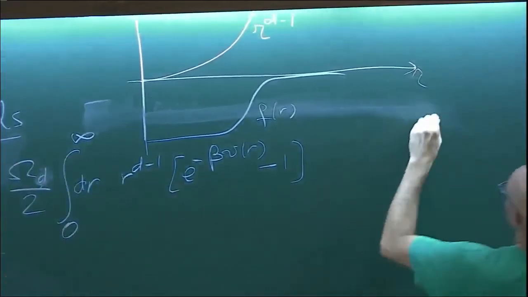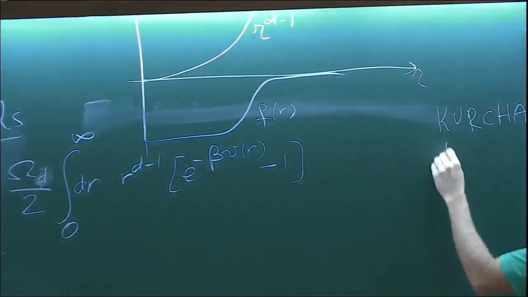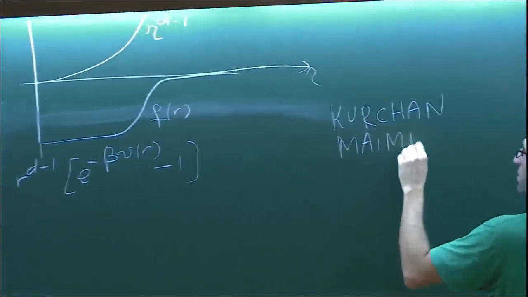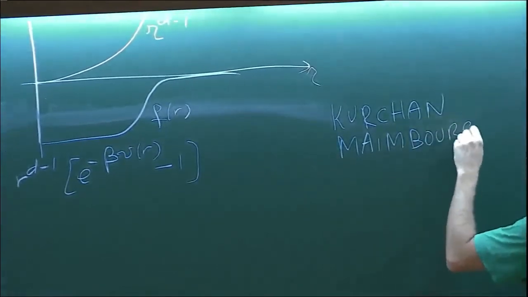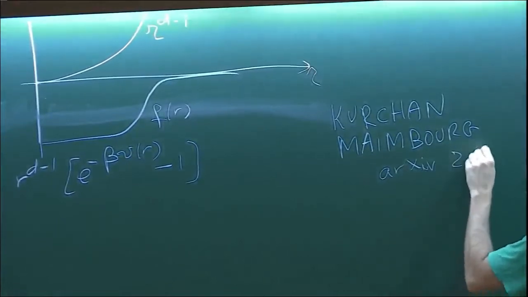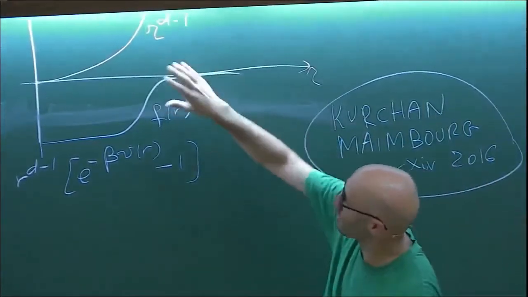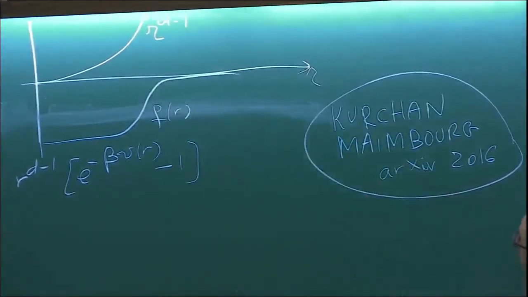You find a full analysis of the problem in a paper by Jorge Kurchan and Thibault Membour, on arXiv, 2016. In this paper you find a detailed analysis of the competition between these two terms, but I will just consider a simple class.